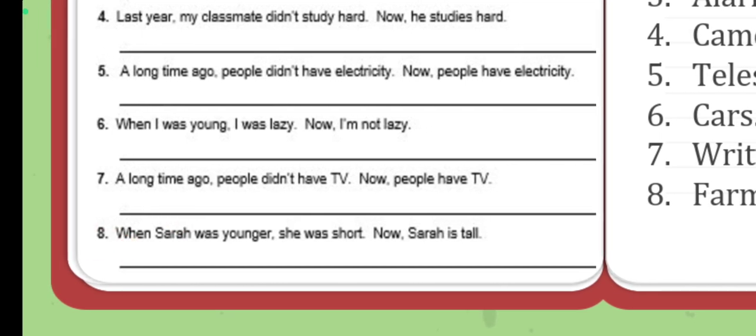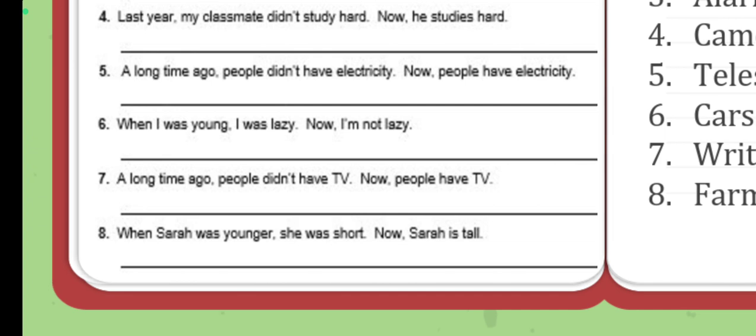When Sarah was younger, she did not use to be short. Ok, eso estaría bien si fuera negativa.